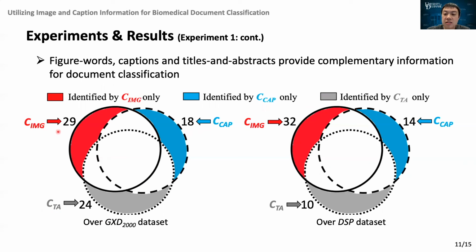Notably, 29 relevant publications can only be identified by CImage. Similar patterns can be found from the classification results over the DSP dataset. These findings strongly suggest that figure words, captions, and titles and abstracts provide distinct and complementary information for document classification.